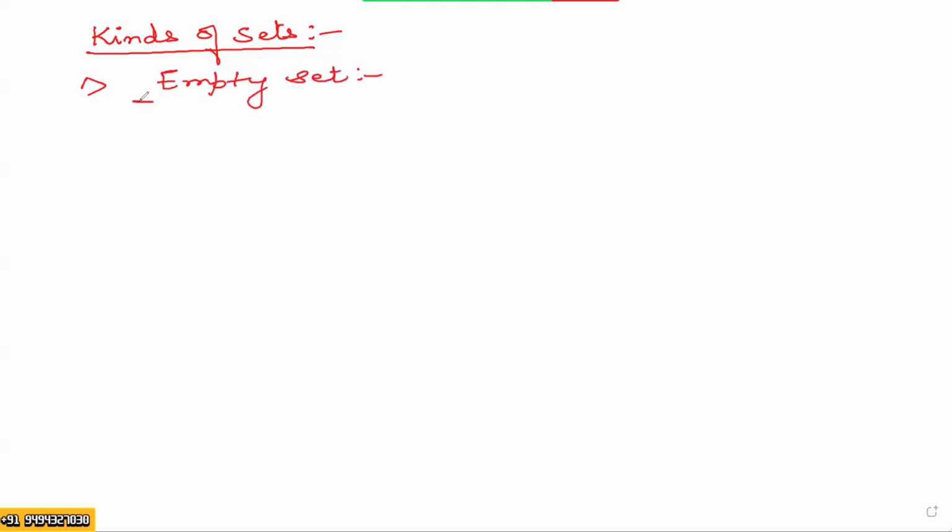As the name of the set is empty, so what do you understand by this word, empty? Nothing is there in the set. Yes. A set which does not contain any element is called empty set.